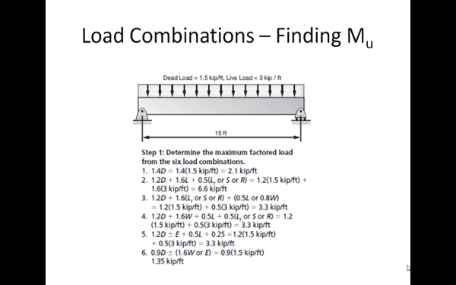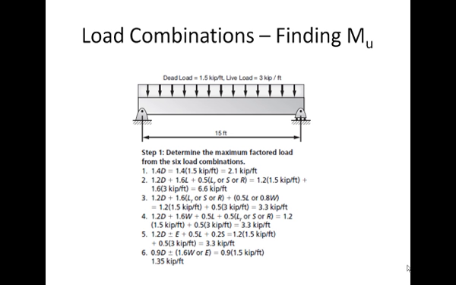Since this is an LRFD problem, we will use the LRFD load combinations, and we will plug the service dead load of 1.5 kips per foot and the service live load of 3 kips per foot into the corresponding 6 load combinations that you see on this slide.